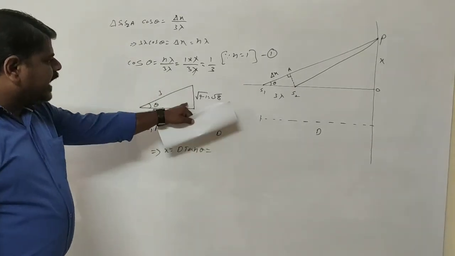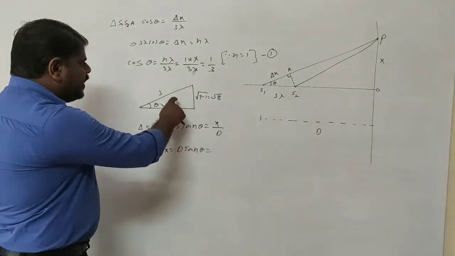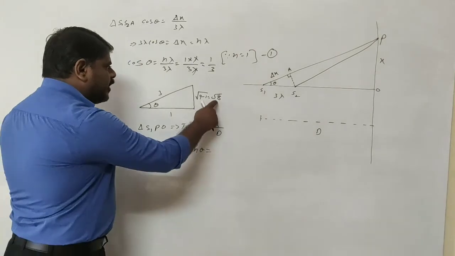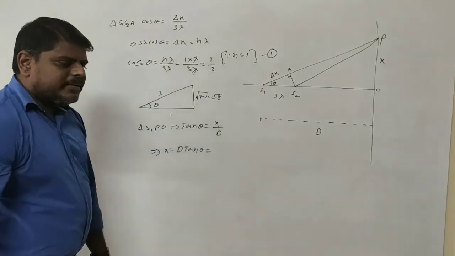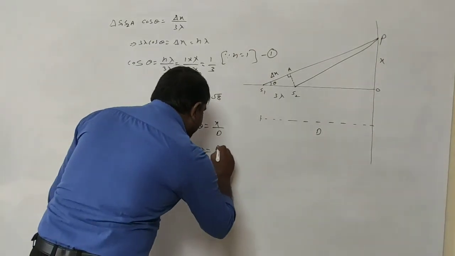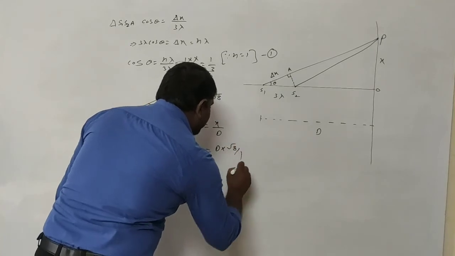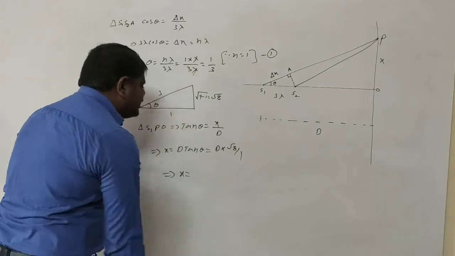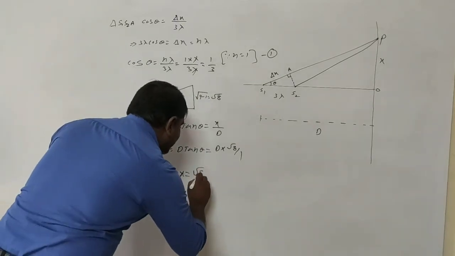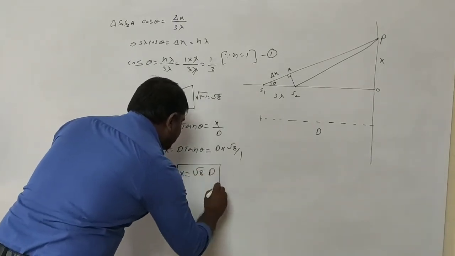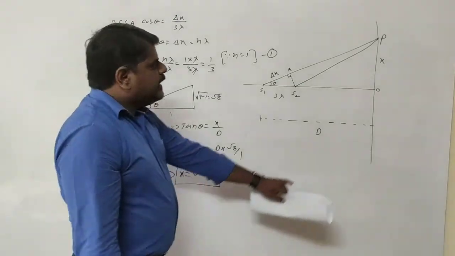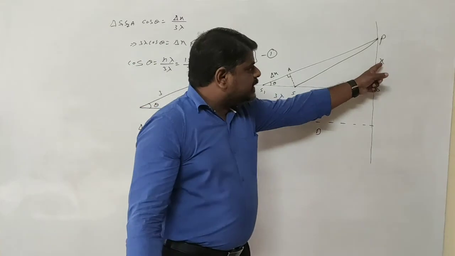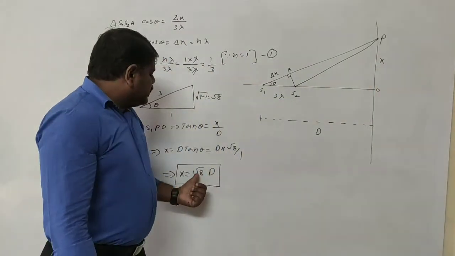And the tan theta value you can calculate from this triangle: opposite by adjacent, opposite means root 8 and adjacent means 1. So that equals D into root 8 by 1. So x equals root 8 into capital D. This is the value which we required, the distance x we are calculating here.